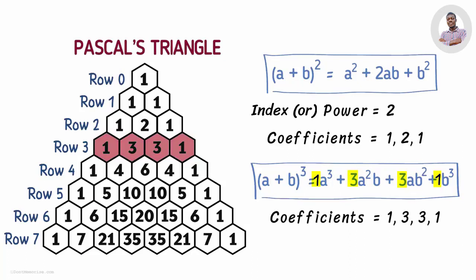All the numbers are the same as the third row of the Pascal triangle. From these, we can conclude that each row in the Pascal triangle gives us the binomial coefficients of the expansion of any binomial having a positive index.